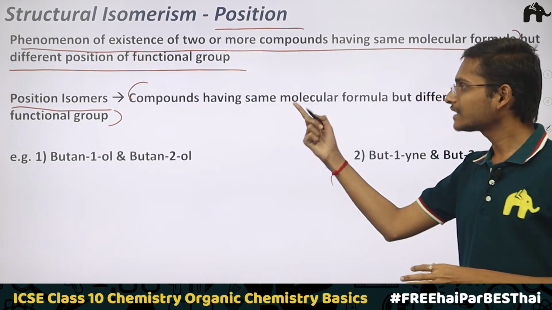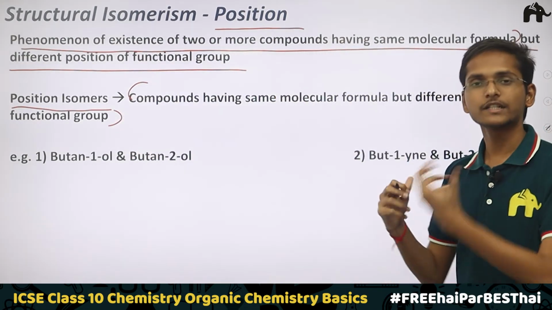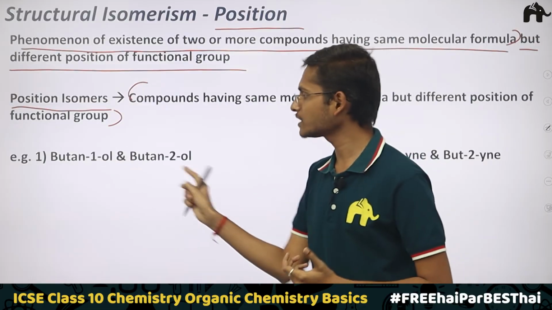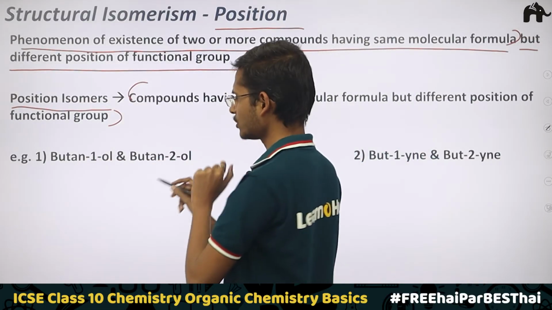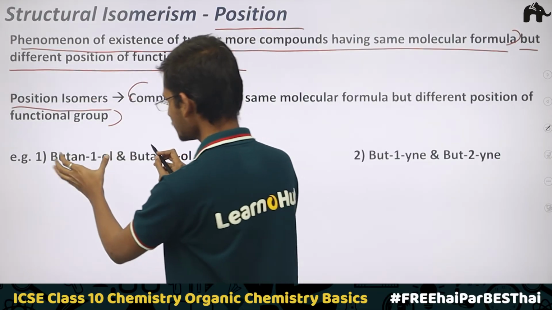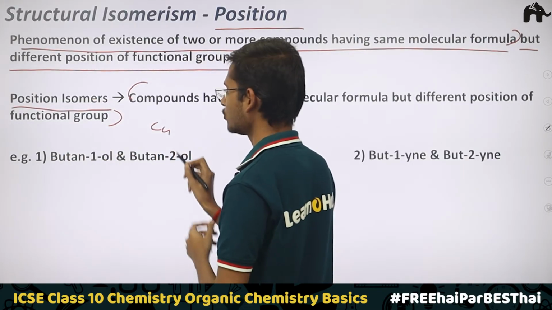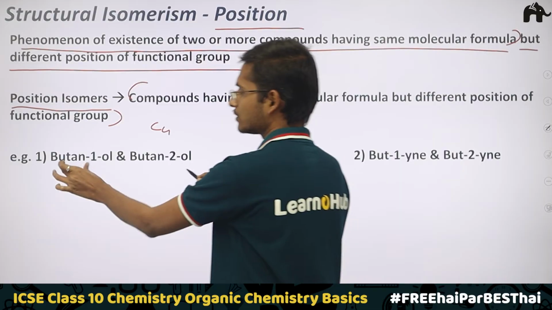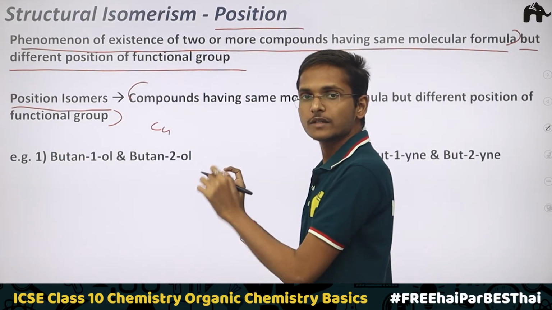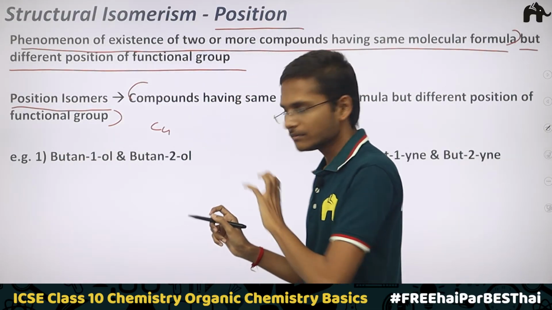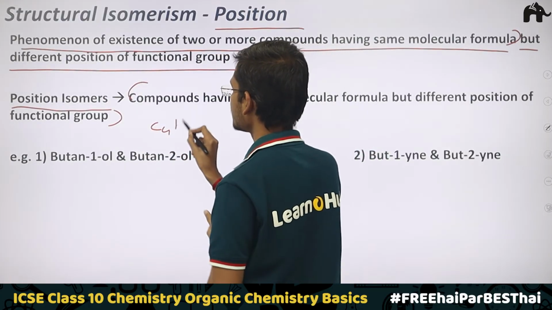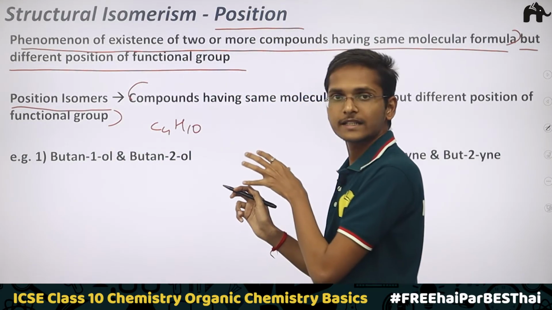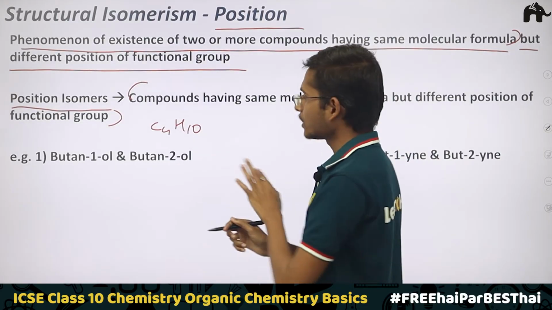Now let's understand this with the help of an example. These are two compounds having the same molecular formula: butan-1-ol and butan-2-ol. If I write the molecular formula, for butane I get C4H10, because it is an alkane, CnH2n+2.